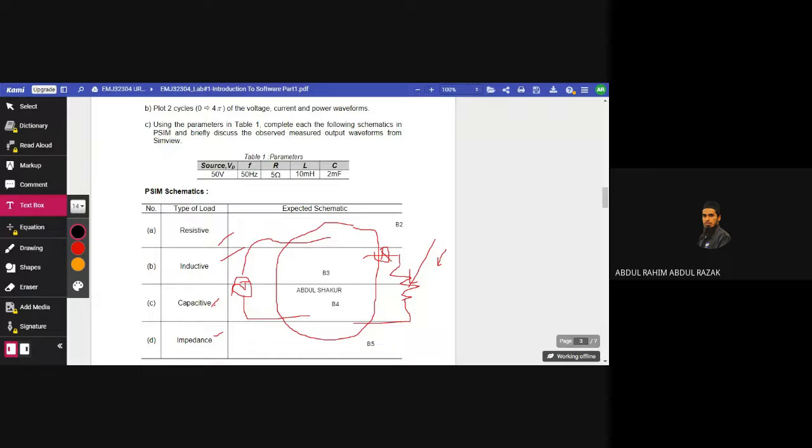Oh, for the plot of two cycles, that's 0 to 4. One way is in simulation control. So that's the way.